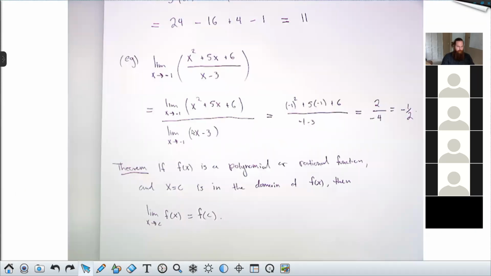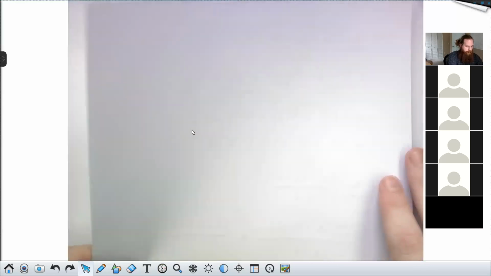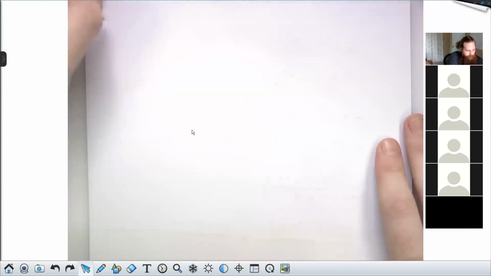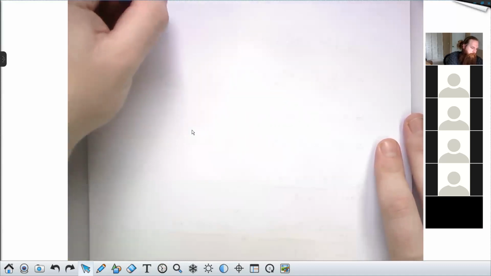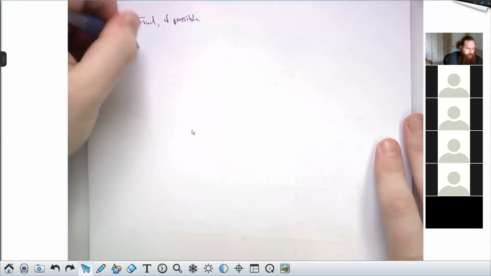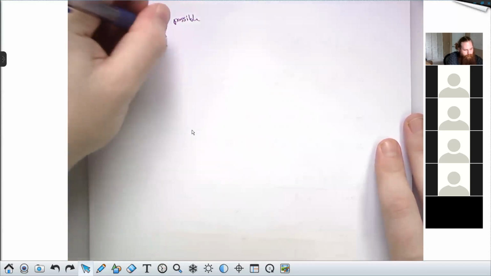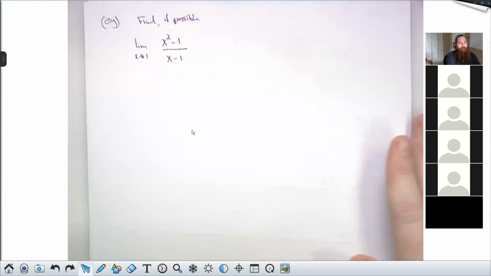So yeah, this example, which we've dealt with before. You may remember this from last Wednesday. The limit as x approaches 1 of x squared minus 1 over x minus 1.